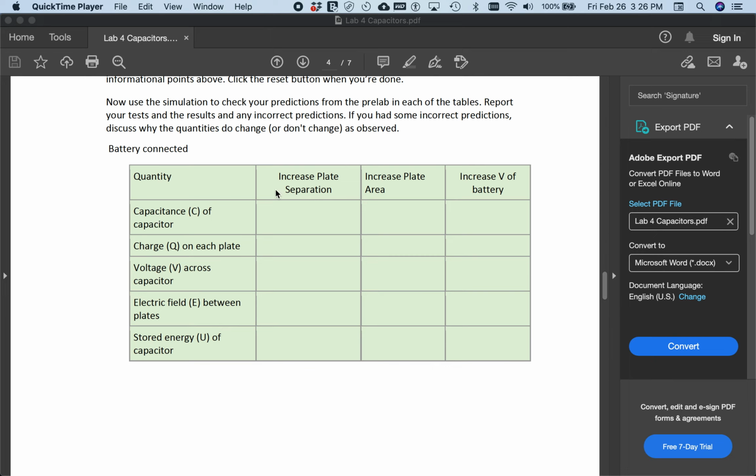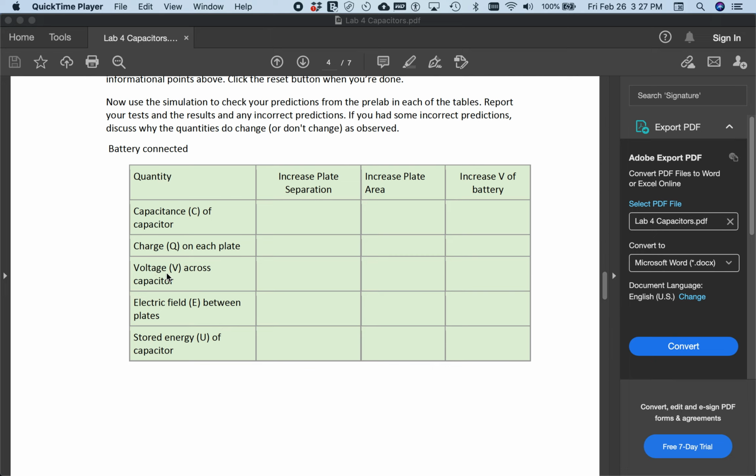For the capacitance of the capacitor, they change the value of D and see what happens, change the area A and see what happens, change the electric potential of the battery, and see what happens to the value of C. Do the same thing for the charge on each plate: whether the charge changes when the separation between the plates changes, when the area of the plates changes, and when the voltage of the battery increases.